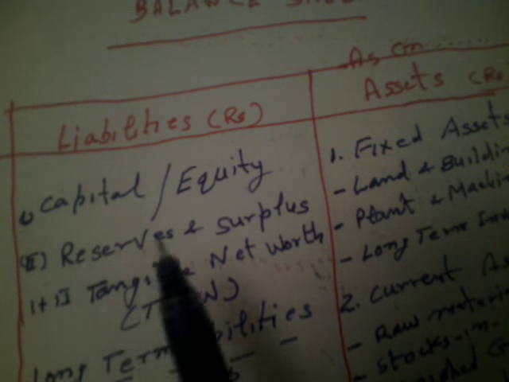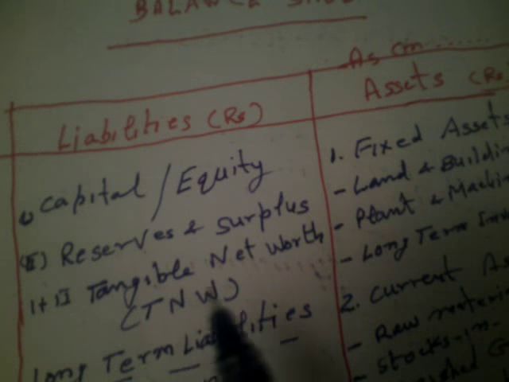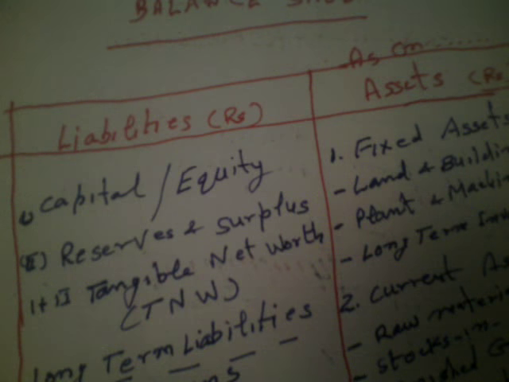Now the sum total of capital or equity plus reserves and surplus gives us tangible net worth, TNW. Why tangible? Because intangible items like revaluation reserves, copyright, patent, brand image payments are not included in this one. So this is tangible net worth. Otherwise, if they are included, it will be intangible net worth.